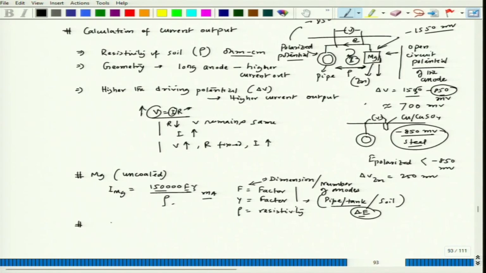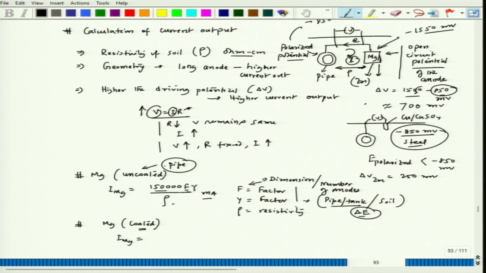Now, on the other hand, if it is coated, that time the current output, coated means, this is the pipe I am talking about.